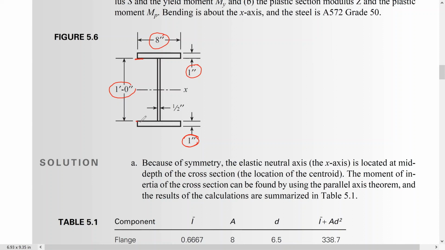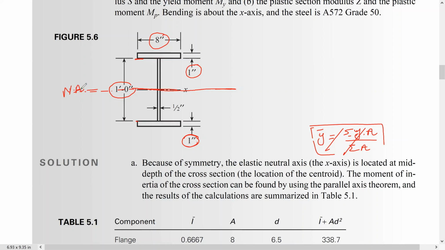Right now we need to calculate I. First of all, we need to calculate the neutral axis, which is the summation of Y times A divided by the summation of area. But here we have a symmetrical shape, so we don't need to do this. The neutral axis is going to be at the middle. So this is the neutral axis. So we just need to start calculating I here.